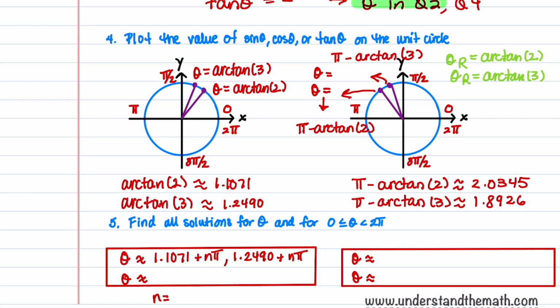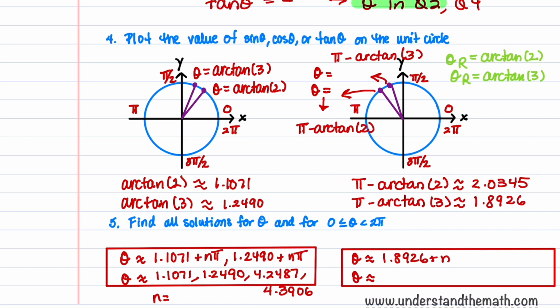Between 0 and 2 pi, we're going to have 4 solutions, and those solutions are going to be 1.1071, 1.2490, and then adding pi to both of those gives us 4.2487, and then lastly 4.3906.